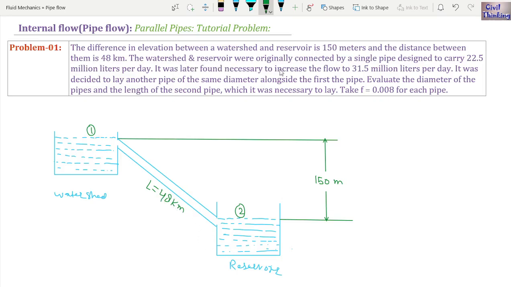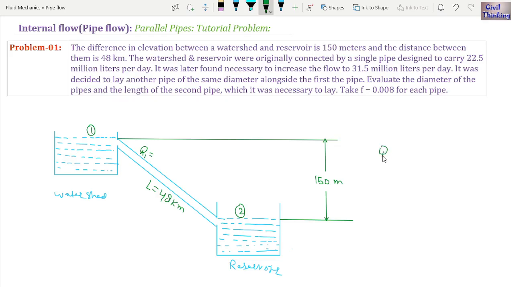The watershed and reservoir were originally connected by a pipe designed to carry 22.5 million liters per day. So the discharge in it is 22.5 million liters per day. Let me convert million liters per day to SI units.